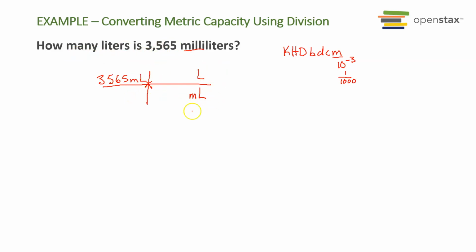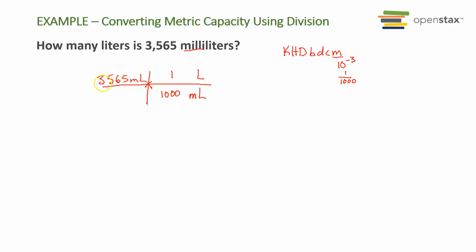So that's going to effectively cancel milliliters. So how many milliliters are in a liter? Well, 1 liter is 1,000 milliliters. So that's what this tells us here. That's basically like multiplying by 10 to the negative 3. That's the same thing we could have done, but I'll show you that in just a moment. So when it's on the bottom, we divide.